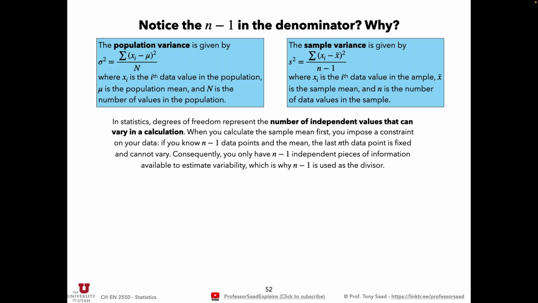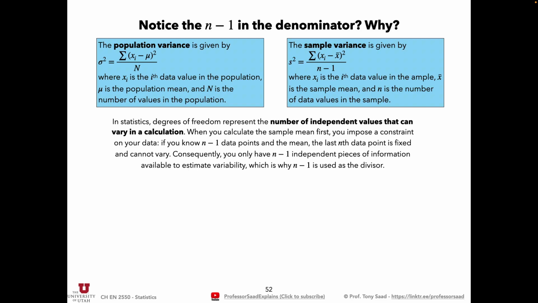Just like when we computed the mean of the sample, we only used all the x i, so we divided by n. But in the computation of the sample standard deviation, we're already using the mean in the calculation. So we took the mean as if it's a quantity we know. What are we left with? Not n degrees of freedom or n subjects. We're really left with n minus 1. Why? Because n minus 1 subjects plus the mean is going to give us the value of the last subject.